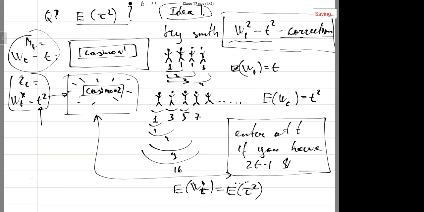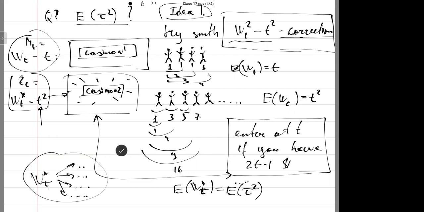You just need to calculate the possible values of this total welfare, sorry, not squared, WT star. What are the possible values of this random variable? If you understand these values, you can calculate the expected value of this special random variable, and it will be just the expected value of tau squared.